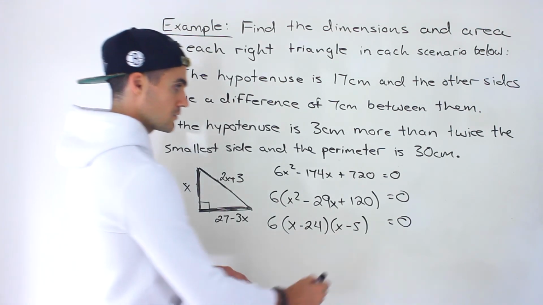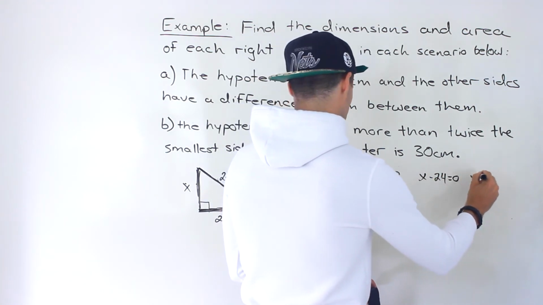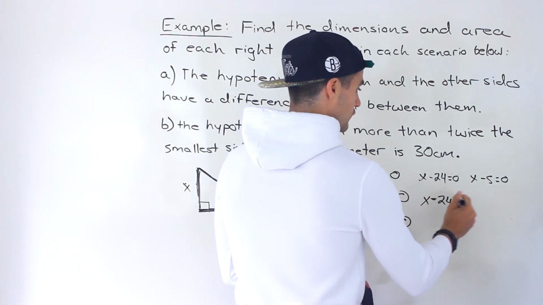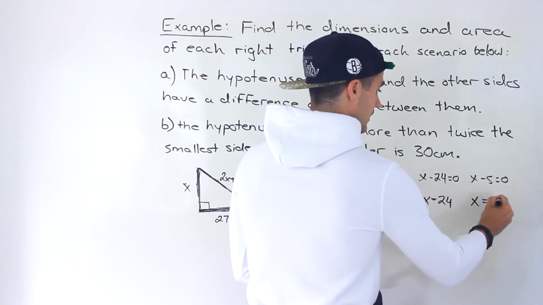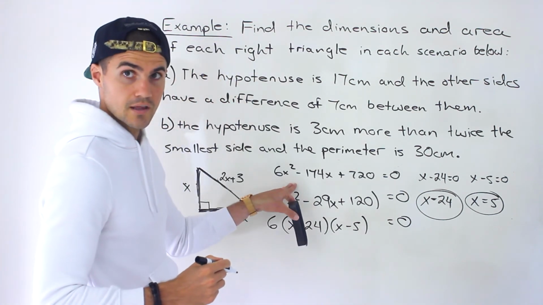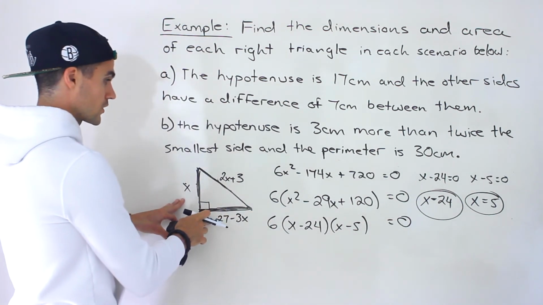Okay, and so from here we could tell x minus 24 equals 0 or x minus 5 is equal to 0. So x can either be 24 or x can be 5. Those are the two solutions to that quadratic equation. But we got to make sure that those solutions work over here.